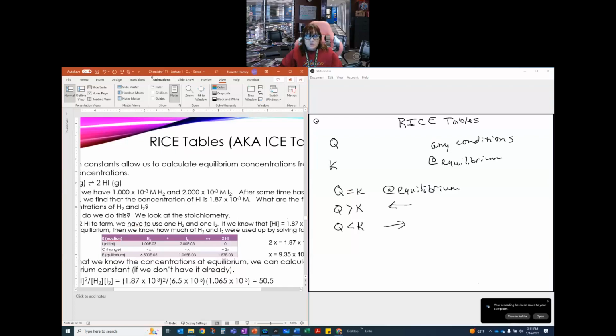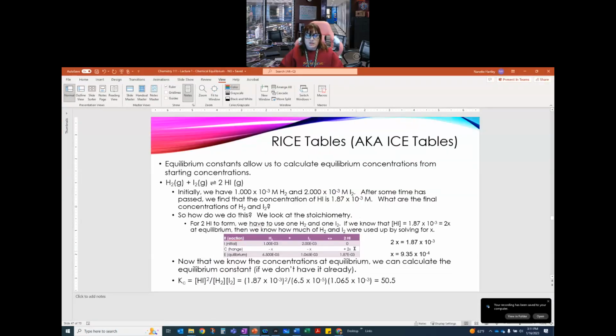Now, we can talk about the math that goes with this. So I know that this is 2x in the change, and I know what this value is that I was given. So I can set them equal to each other. I can say 2x is equal to 1.87 times 10 to the minus 3, and therefore x equals 9.35 times 10 to the minus 4th. So now that I have the x value, I can subtract that from the initial H2.